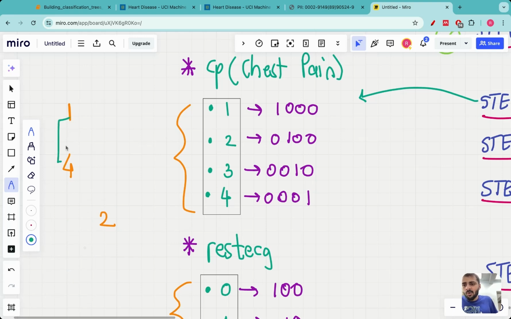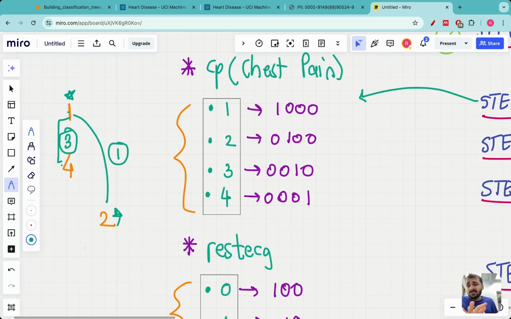So 1 and 4 have a difference of 3, right? And 1 and 2 have a difference of only 1. So the model might think that patient 1 and patient 2 have some similarities which are much more than the similarities between patient 1 and patient 4. The model might take these distances into account while making its predictions.